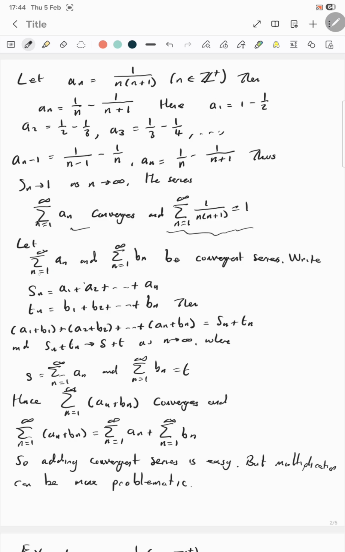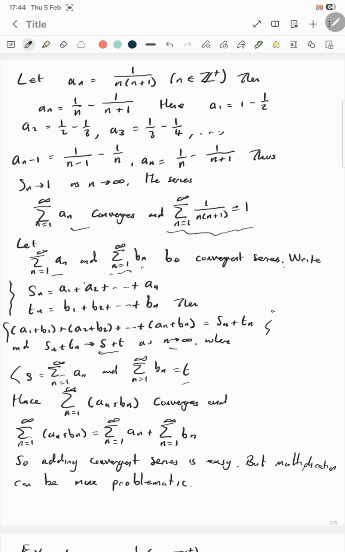We'll let the sum from n equals 1 to infinity of a of n and the sum of b of n be convergent series. We'll write s of n here and t of n in terms of our b's. Then adding these series we get this, and s of n plus t of n goes to s plus t as n goes to infinity, where s equals the sum of a n and t equals the sum of b n from n equals 1 to infinity.